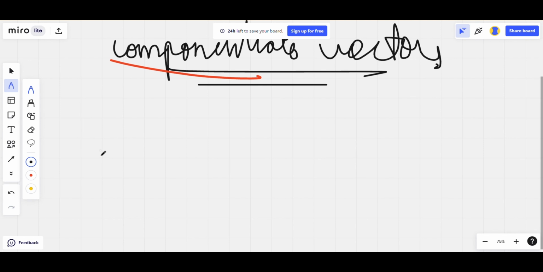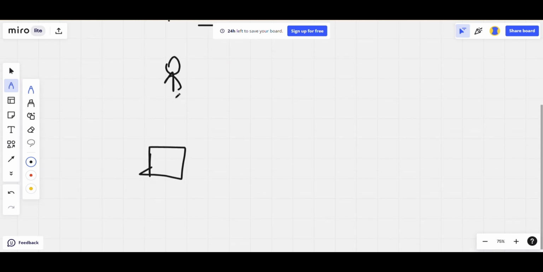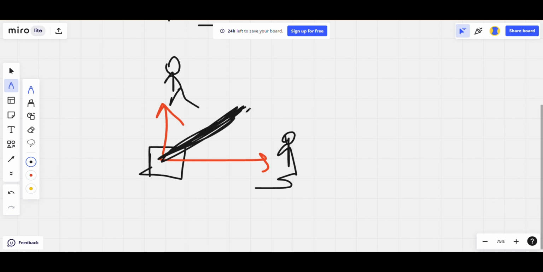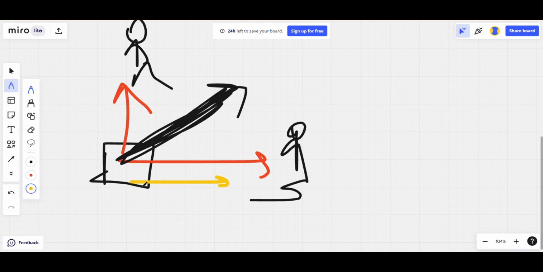We literally did that with the force example. We talked about how you and your friend were pulling this box in these 2 directions. As a result, a resultant force vector was forming here. These 2 vectors are the components or the parts of this main vector that's being formed here, which is the resultant vector.